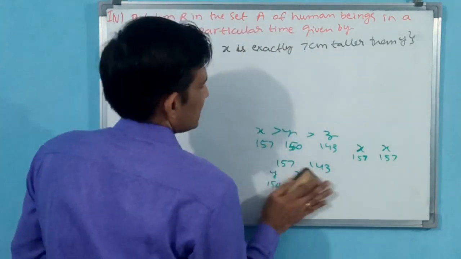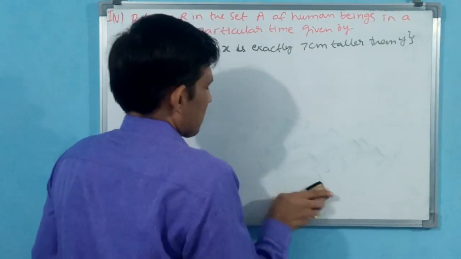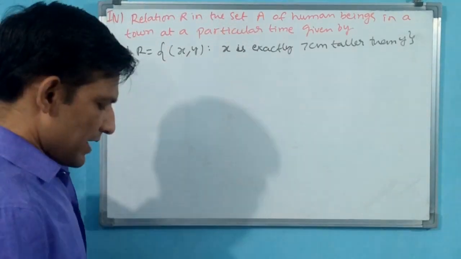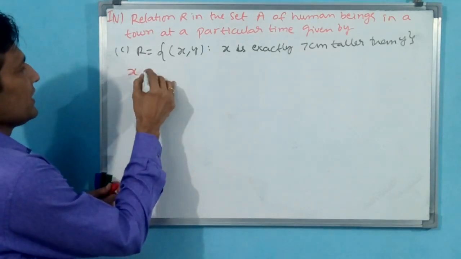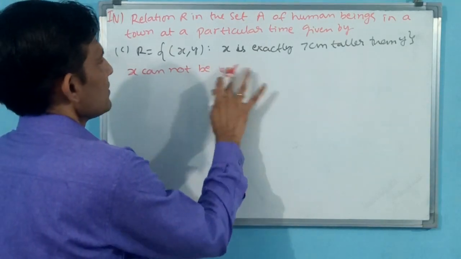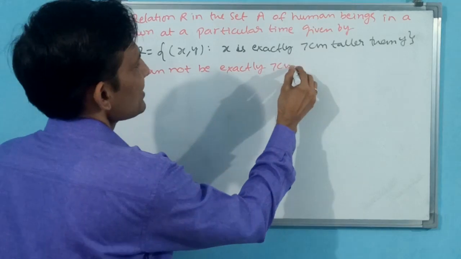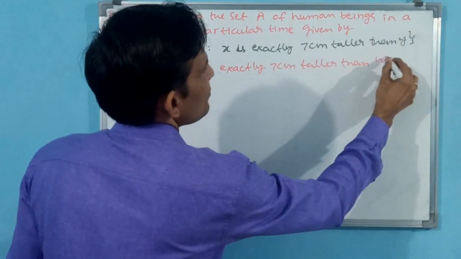Okay, we write now how and all. You see how I am writing. X cannot be exactly 7 centimeter taller than himself.